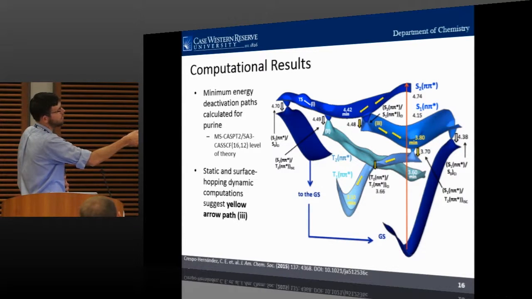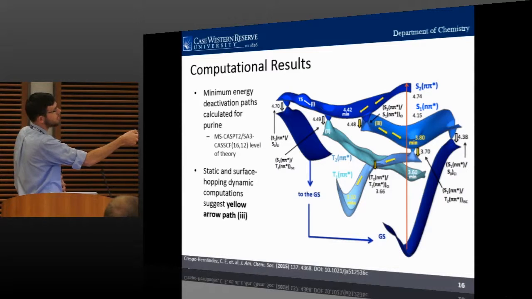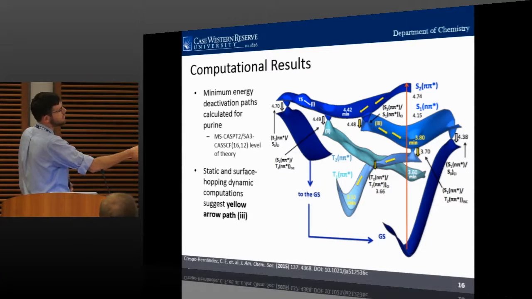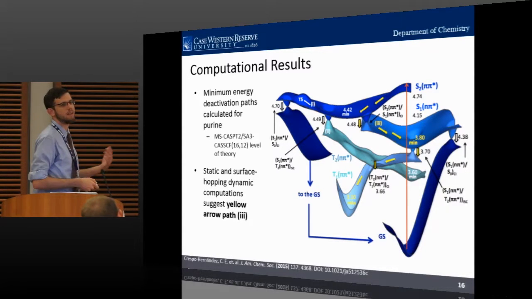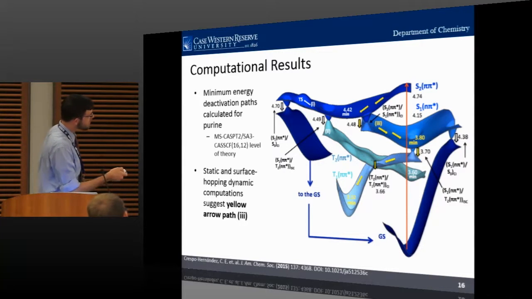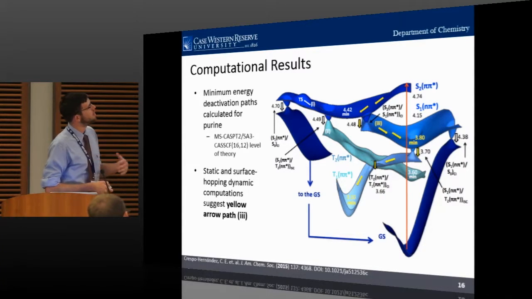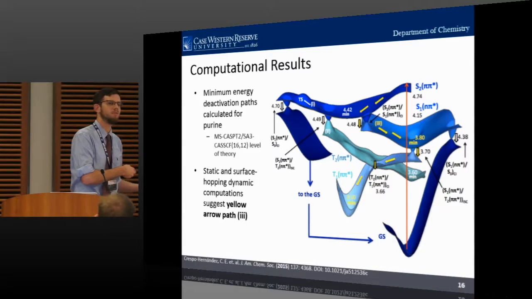So a fast decay to this conical intersection with the S1 state, then a rather slow decay across this somewhat flat surface to a crossing point with a triplet, and then efficient population of the T1 minimum, where it gets stuck in this triplet excited state and it really has no way to get back to the ground state. So it takes a very, very long time. So this is what the computations predicted.